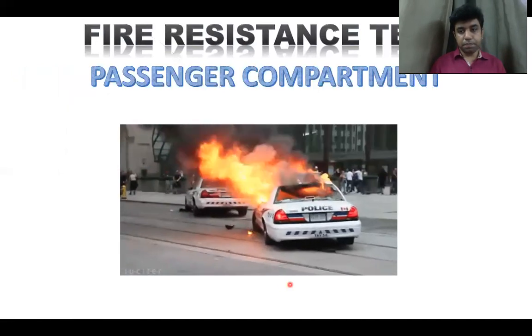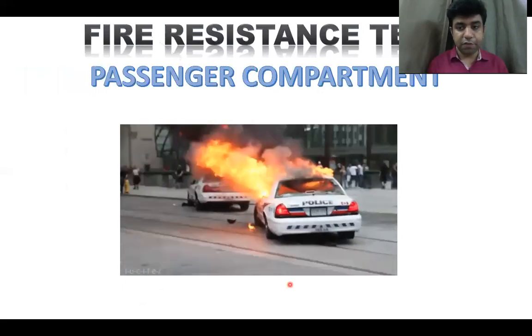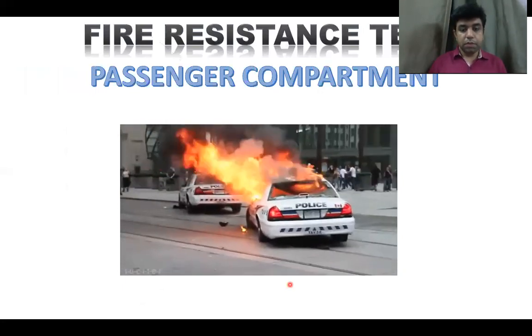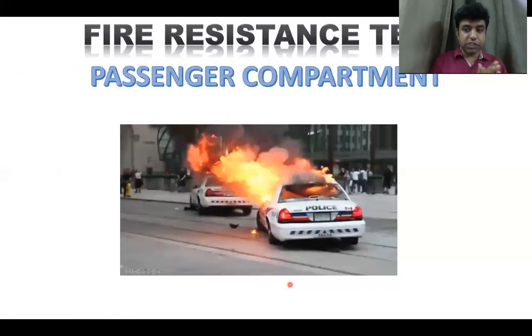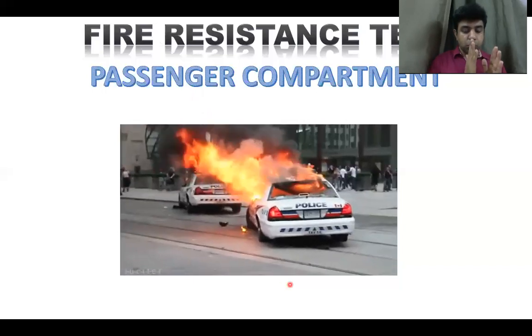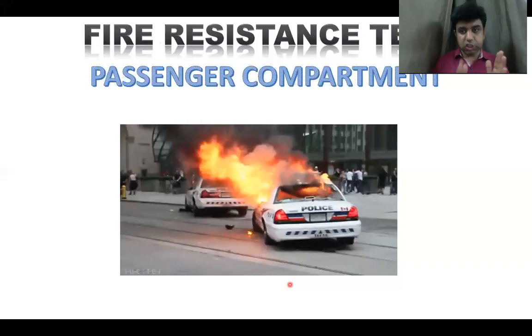Now, third in our work plan was the passenger compartment fire development, right? From the above data, we will try to develop the fire purposefully in the case of a prototype of the vehicle, and we will see how much time it takes for that fire to travel from one end to the passenger compartment.